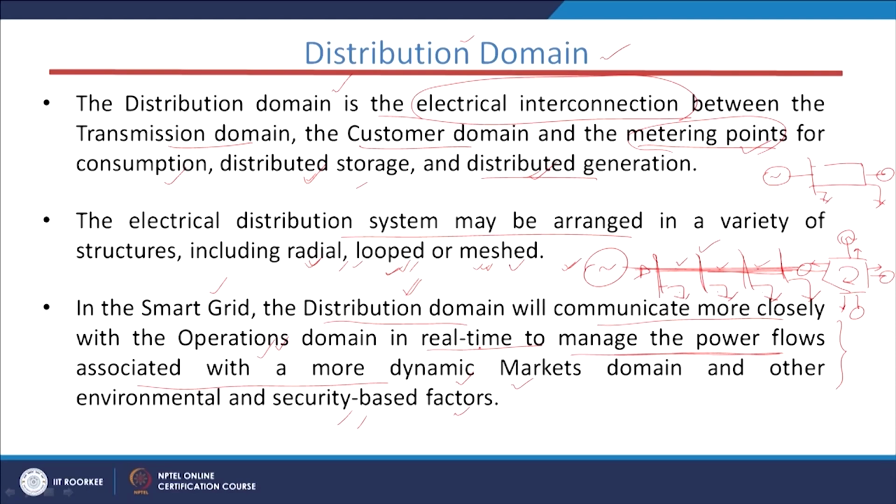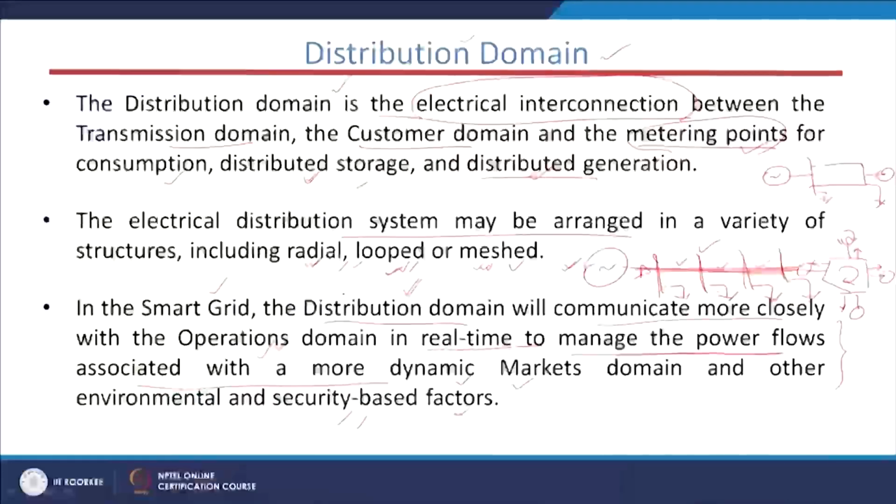Dynamic means it is changing with respect to time. So, that dynamic market property or dynamic market strategy can be maintained properly if this distribution domain interacts with the operation domain very closely.